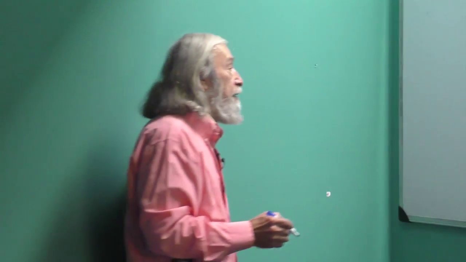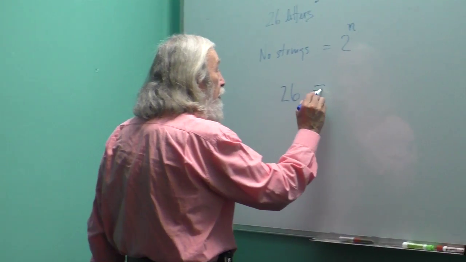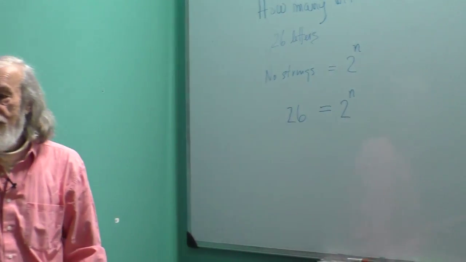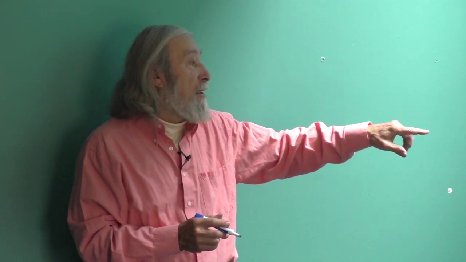A is a string, B is a string, and so on. In binary, they would actually have several bits if you had them as bit strings. So we have 26 strings. What we're looking for is the value of n, the number of bits, so that when you exponentiate 2 by n, you get 26.